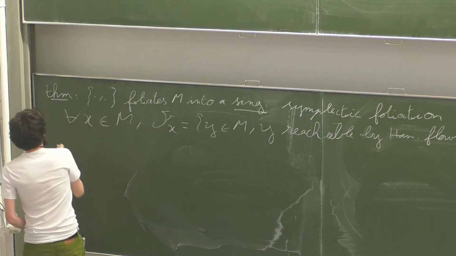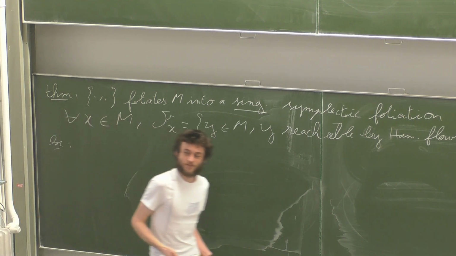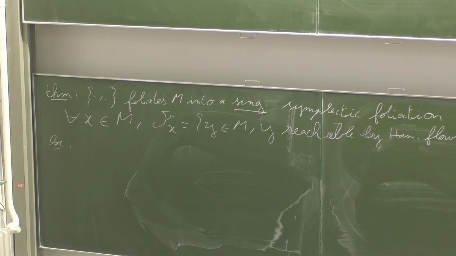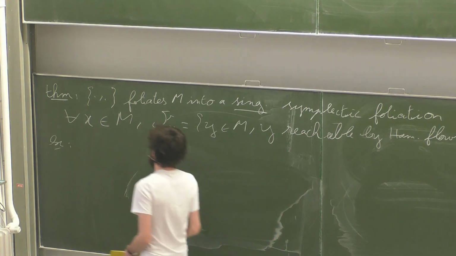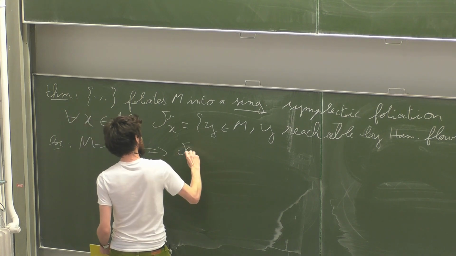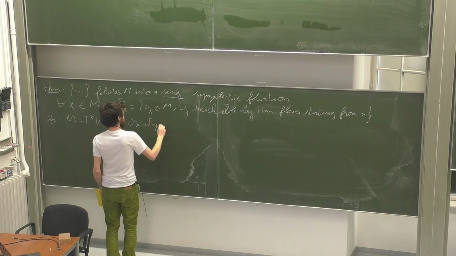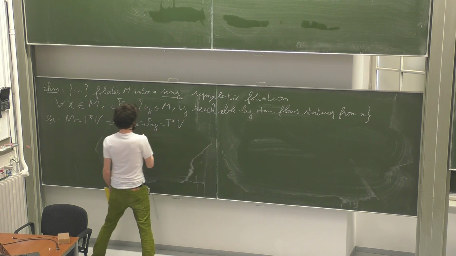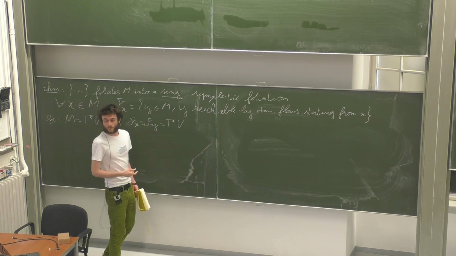Now we had 3 examples of Poisson manifolds here, and for all of them, the symplectic foliation is different. So this Poisson structure is said to be non-degenerate. It means for the symplectic foliation that the symplectic foliation is trivial.